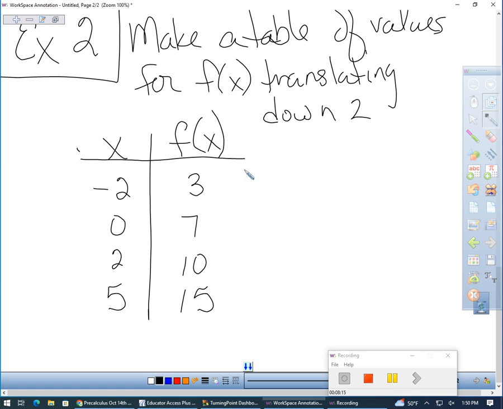So I want to do a new table that says I have gone down 2. So I have my x and I have my f of x. If I am going down 2, what is it impacting, x or y? Think about a graph. If I'm moving something down, it's affecting y. Exactly. So that means that all of my x values are going to stay the same.